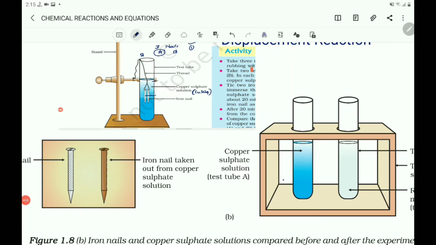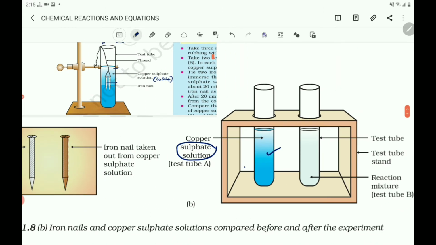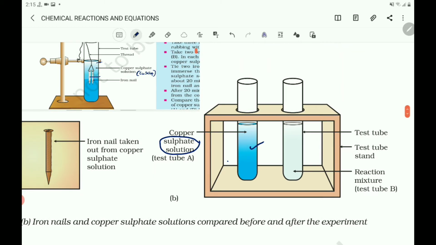The color in test tube A is dark blue due to copper sulfate solution, and the color in test tube B becomes light blue, or greenish, due to the formation of greenish ferrous sulfate.